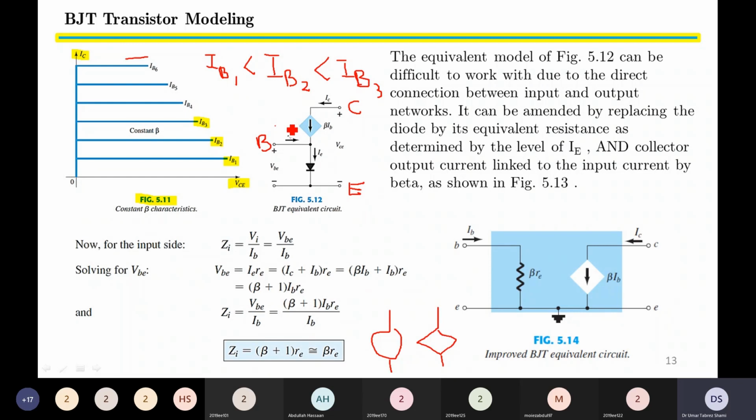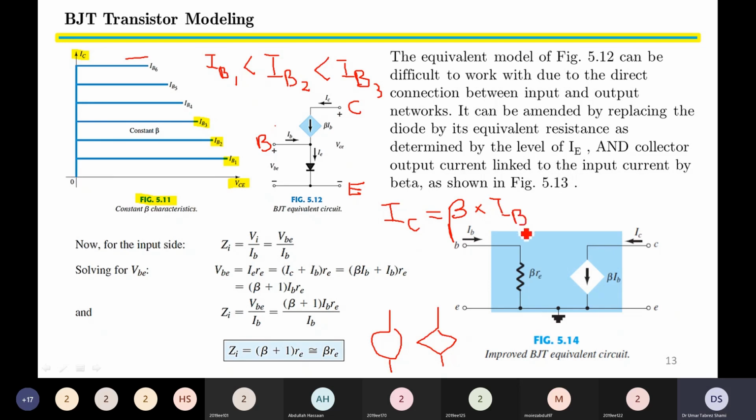This diamond-shaped symbol in the BJT equivalent circuit found in figure 5.12 represents the current flowing from the collector. And we must not forget that the collector current is equal to beta times IB.